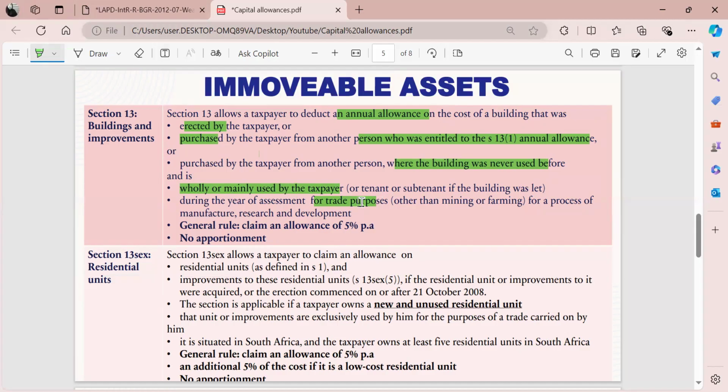So Section 13(1), guys, basically relates to buildings such as factories, manufacturing buildings, etc.